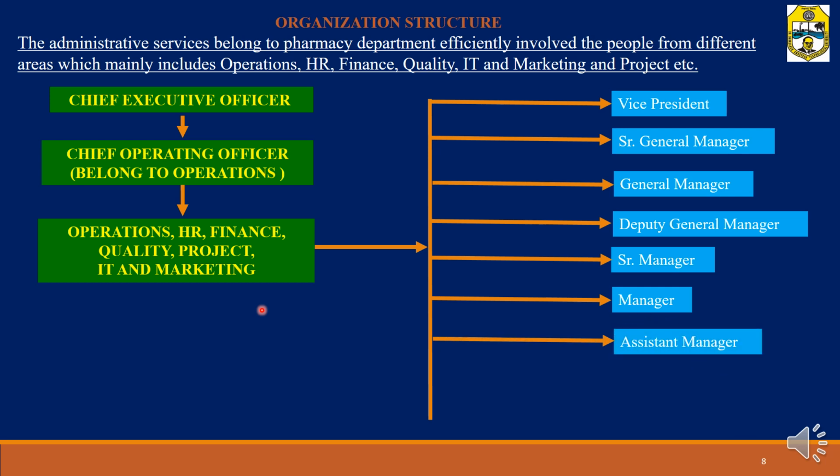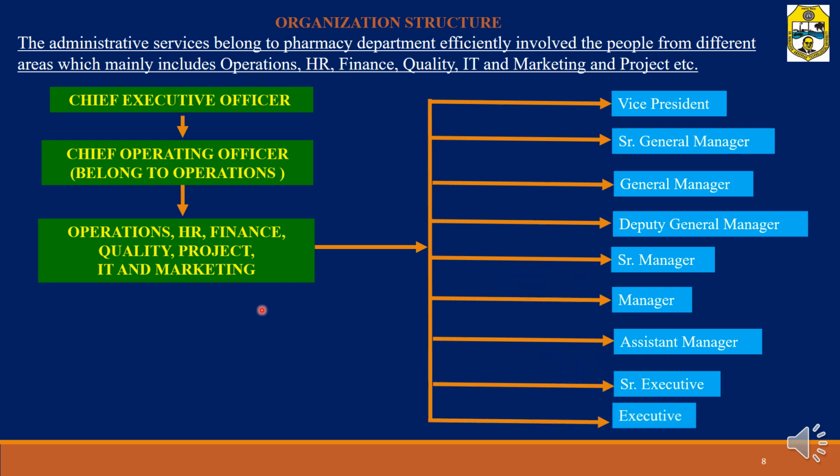After the pharmacy manager, there is an assistant pharmacy manager. Just below the assistant pharmacy manager, there is a senior executive, and at last, just below the senior executive, there is an executive.